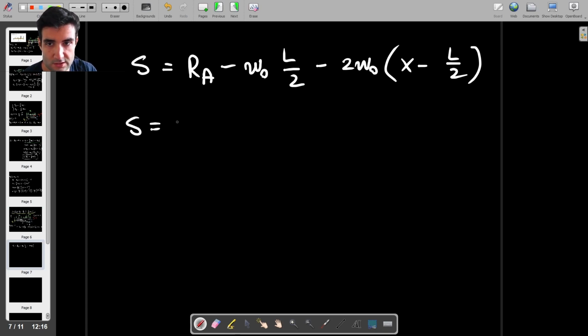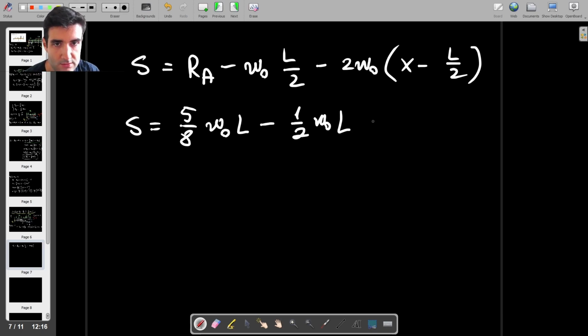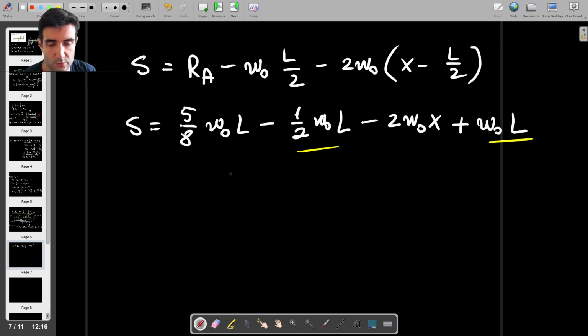So the shear force is RA, which was 5 over 8 W naught L, minus 1/2 W naught L minus 2W naught X, and then this is going to be plus W naught L. So we can actually combine those three.